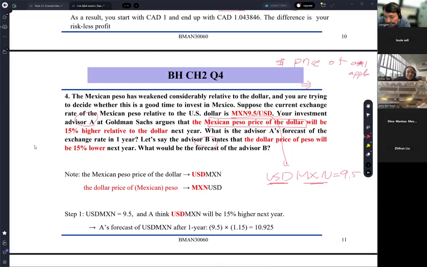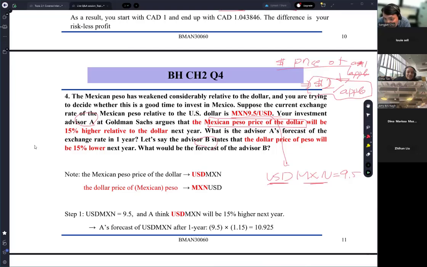This means, let's say $1 per one apple, then $1 per apple. Or if the price is $2, then $2 per apple. What I'm trying to say is that dollar price of an apple should be written down like this. So apple is in the denominator, dollar is in the numerator.